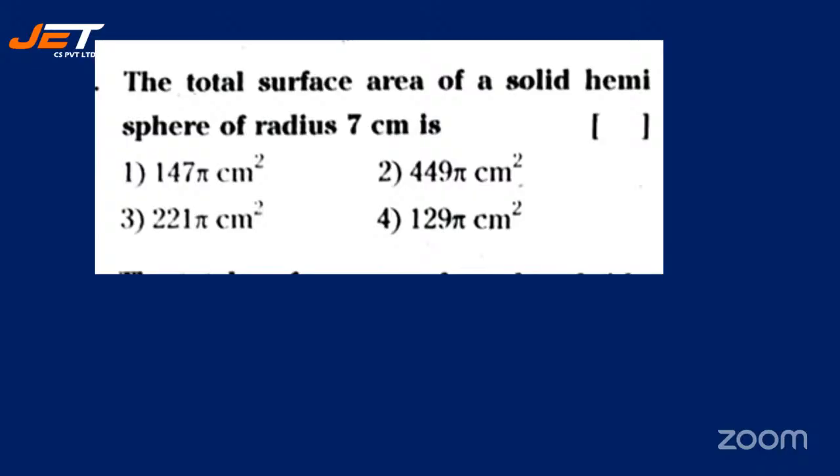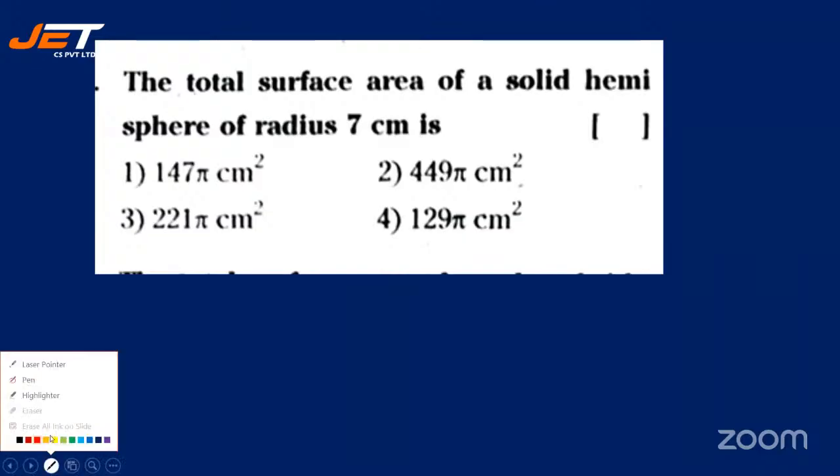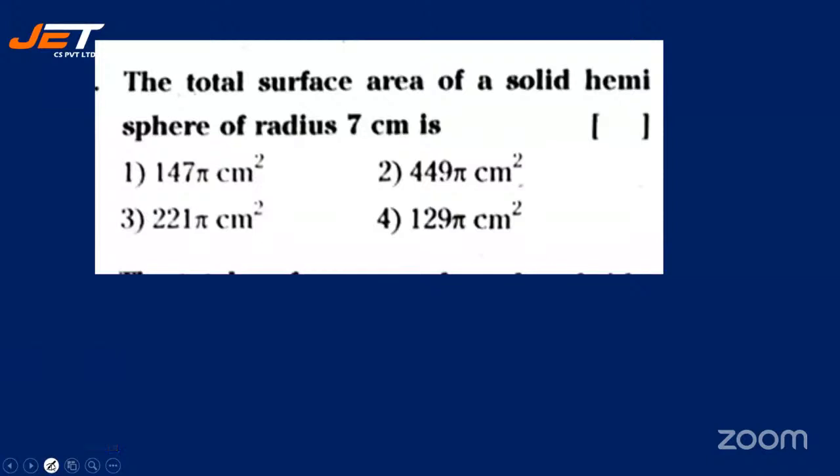So it is nothing but TSA, isn't it? What is the TSA of the solid hemisphere? It is nothing but 3 pi R square. Just now we saw the formula. So it is 3 pi r square, right?